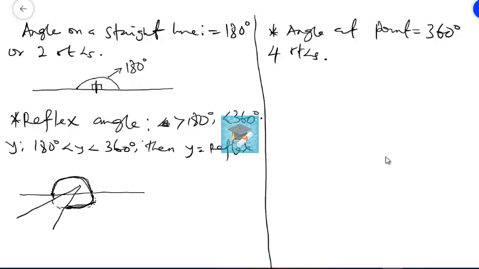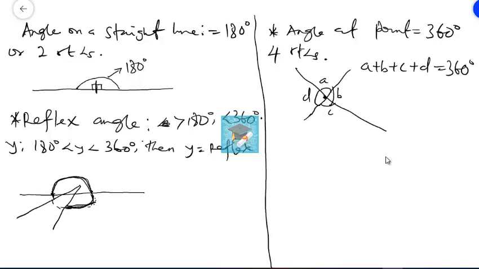So we have a given point like this, and I have some angles crossing that point. If I have angle A here, angle B here, angle C here, and here I have angle D, I can say that my angle at a point, the sum of all of the angles put together, is 360 degrees.